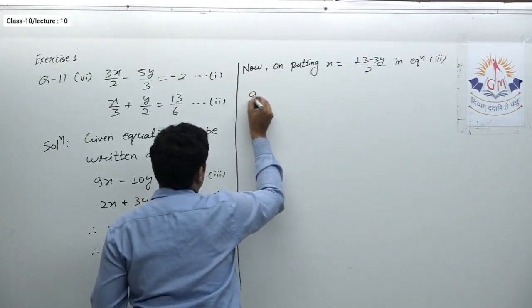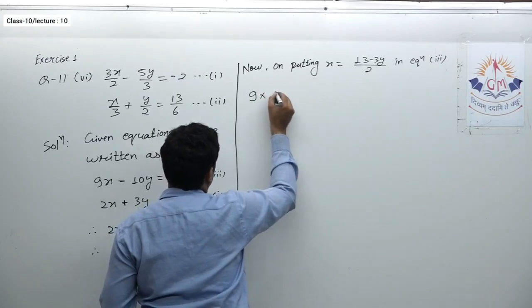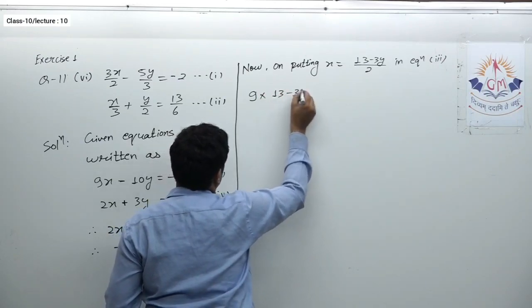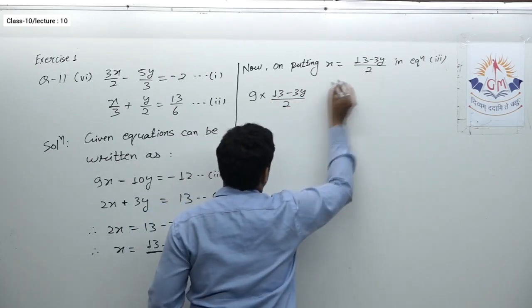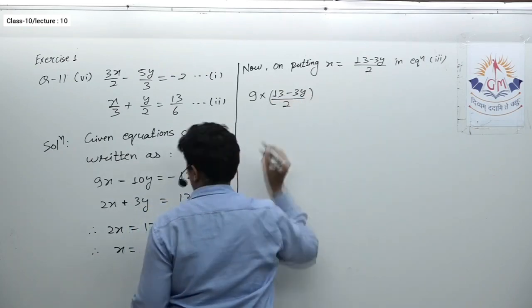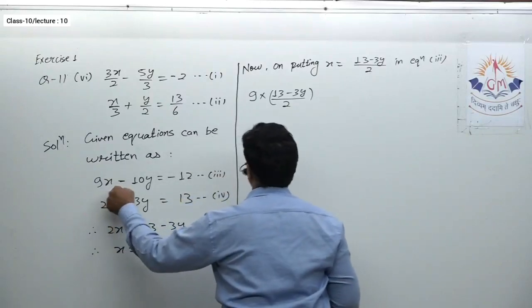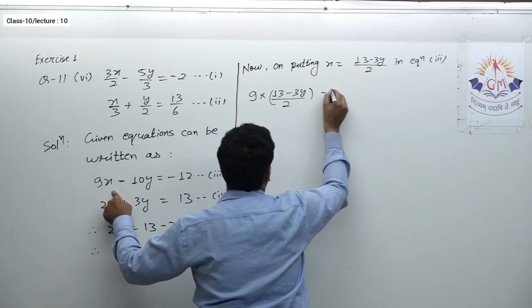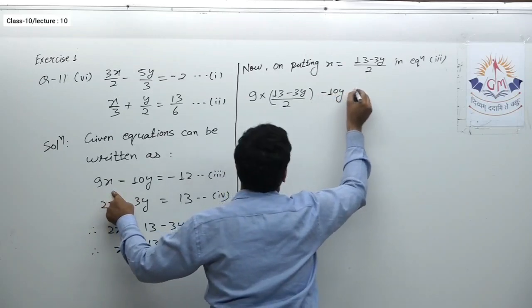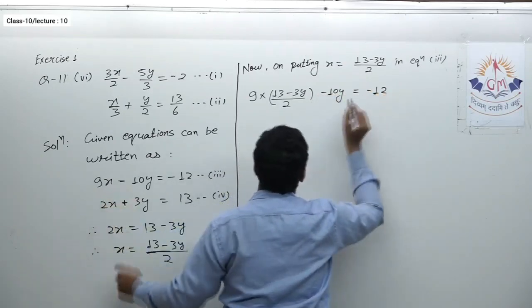So 9 at the place of x, I write 13 minus 3y upon 2. 9x, so 9 times 13 minus 3y upon 2, minus 10y is equal to minus 12.